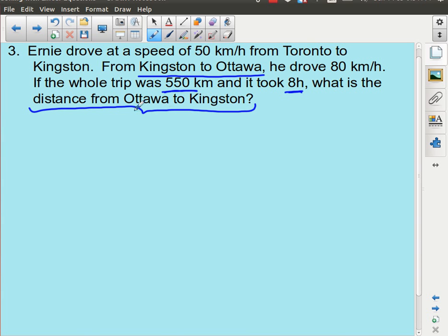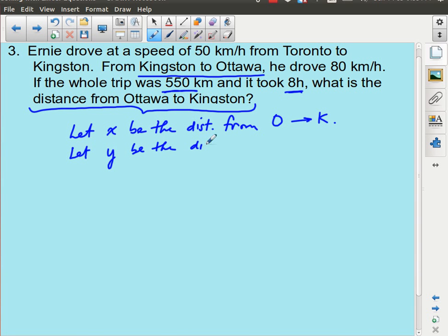So this seems to indicate to me that I can let x be the distance from Ottawa to Kingston. And in that case, the other distance that I'm interested in, let y be the distance from, in this case, Toronto to Kingston.